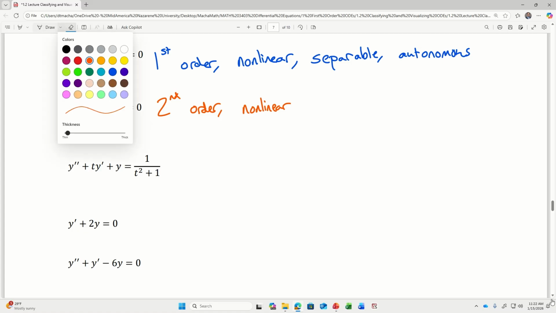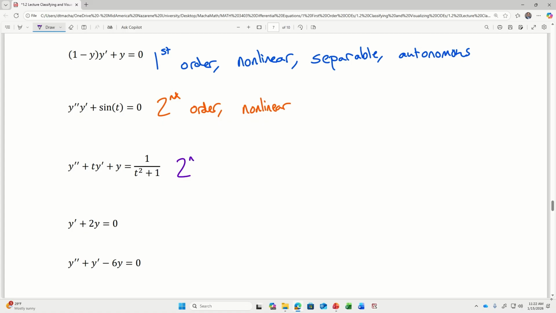The next equation says y double prime plus t y prime plus y equals 1 over t squared plus 1. Is that going to be first order or second order? Second order. Is that going to be linear or nonlinear? Linear. Is that going to be constant coefficients or non-constant coefficients?